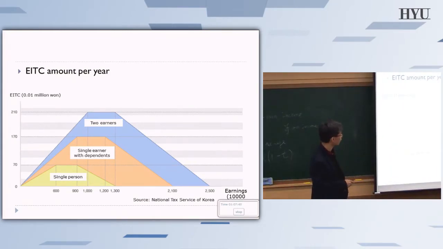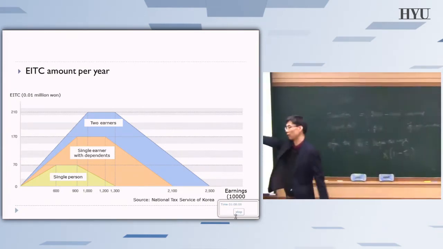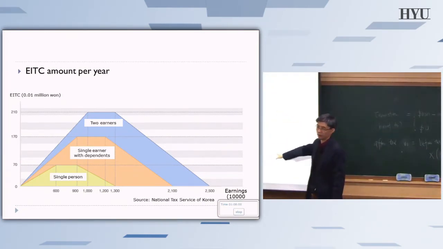So at some point, it's going to be a flat amount. Even if you earn more, the subsidy will be flat. Okay? And then they start reducing it, less and less subsidy. And if you reach the maximum earnings, the subsidy will stop. Okay? So this is how the EITC benefit is designed.